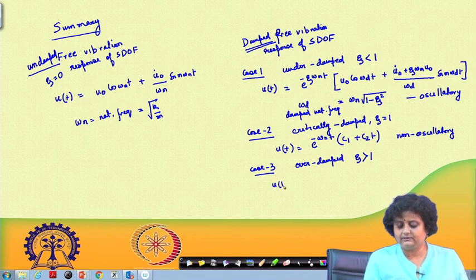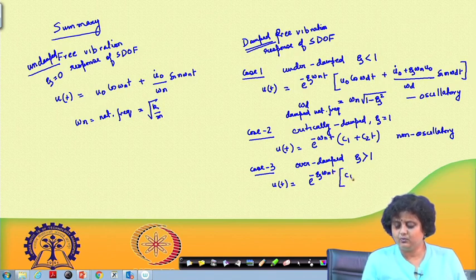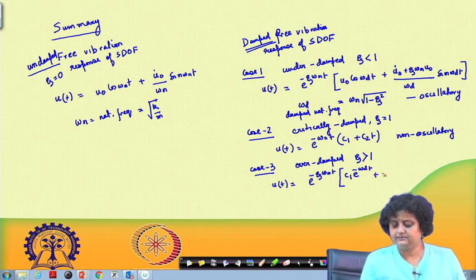Here we saw that the response is nothing but e to the power minus zeta omega n t into C 1 e to the power minus omega d t plus C 2 e to the power omega d t. This is also non-oscillatory.